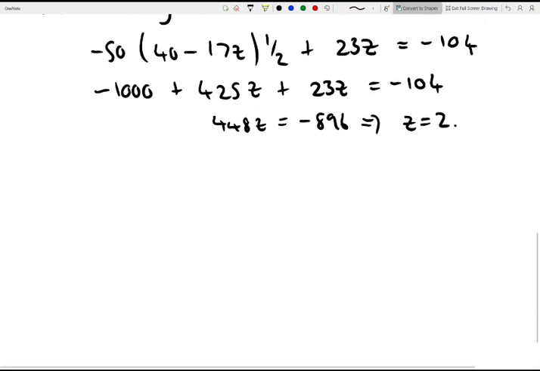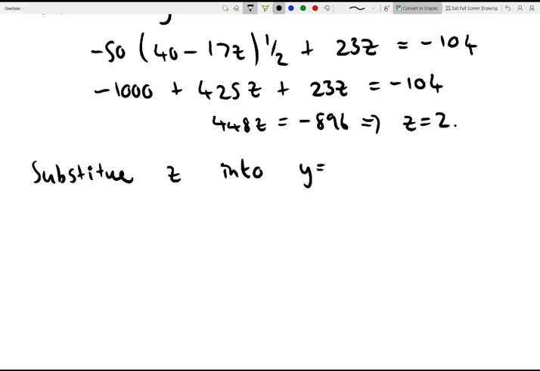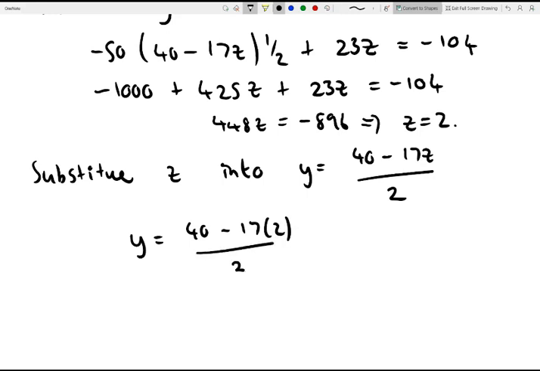So if we have z, then we can substitute this into our expression for y, which was 40 minus 17z over 2, so that y is 40 minus 17 times 2 all over 2, which is 20 minus 17, which is 3.